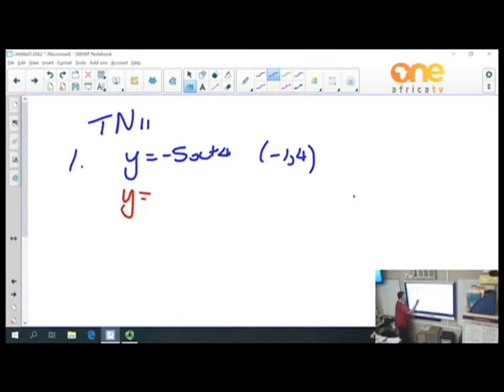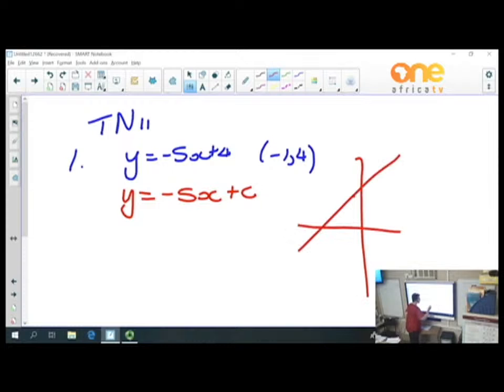So the equation is going to be negative 5x plus c. It must have a new c because it is a line which is parallel. So there's your original one passing through 4, and now you have a parallel line, and there should be a new y-intercept. So you only use the gradient fact here.